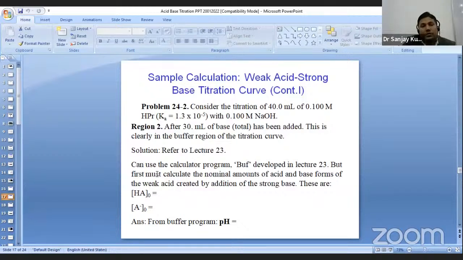After 30 ml of base has been added, we are clearly in the buffer region of the titration curve, which I already told you about in detail, because buffering means a weak acid. So after addition of the strong base, the buffer pH will change from 1 to 2.5.